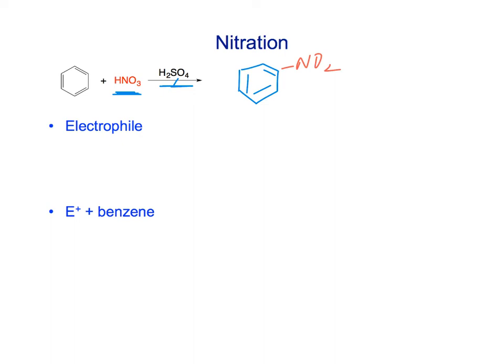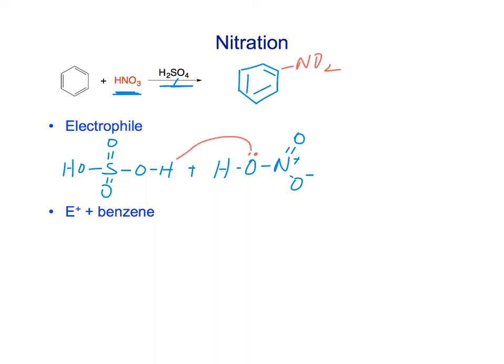All right? So what we're going to show here is we're going to take sulfuric acid and nitric acid and we're going to do an acid base between these two super strong acids. All right, so like we said, sulfuric acid is the acid.